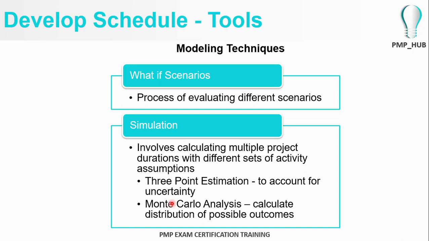One thing we discussed earlier, the 3-point estimation, the PERT technique or the beta distribution as it is also called, will account for uncertainty. You could also use techniques like Monte Carlo analysis to develop your project schedule as a simulation technique.